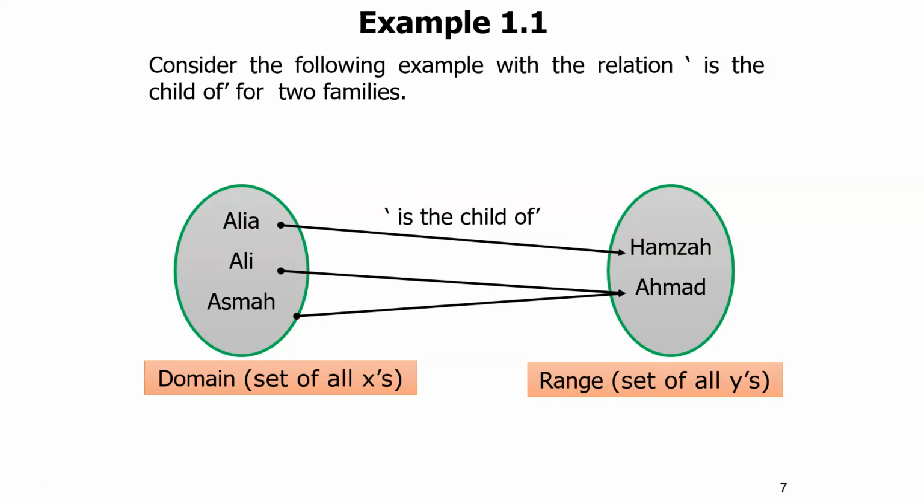Asma is the child of Ahmad. So this one is your domain, the set of all x, your x values. What you begin with is actually your domain. Okay, so this is your domain, and the one that you map to is your range. Kita punya y values ataupun range yang kita punya output. So the range will be Hamzah and Ahmad.